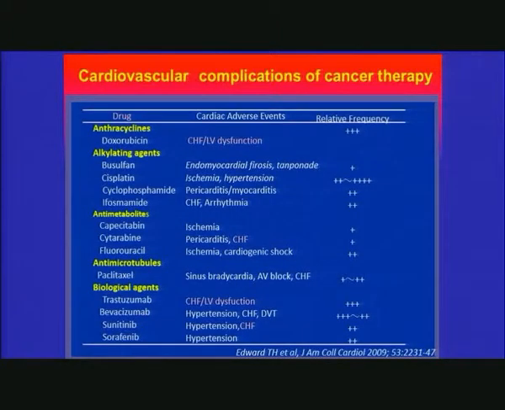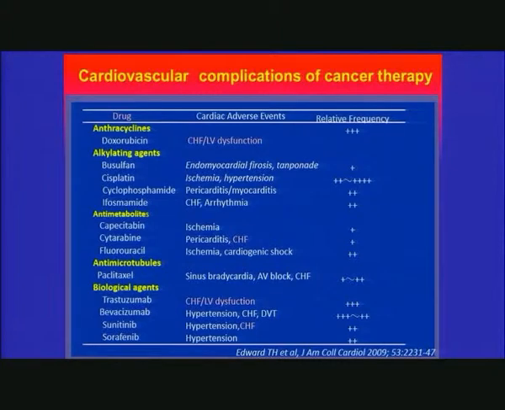This slide shows a brief list of the cardiovascular complications of cancer drugs and cardiac adverse events: anthracyclines, alkylating agents, antimetabolites, microtubule agents, and recently observed biological agents.